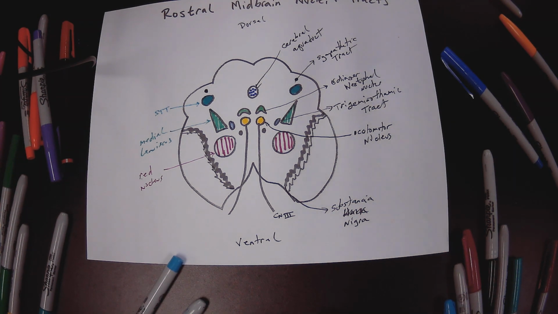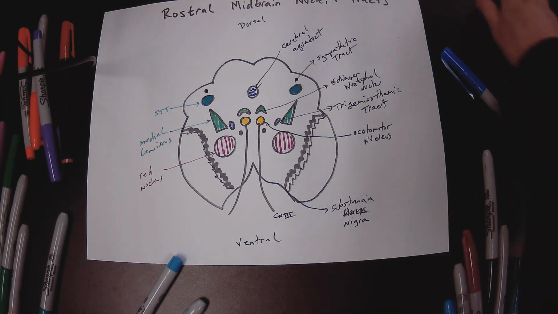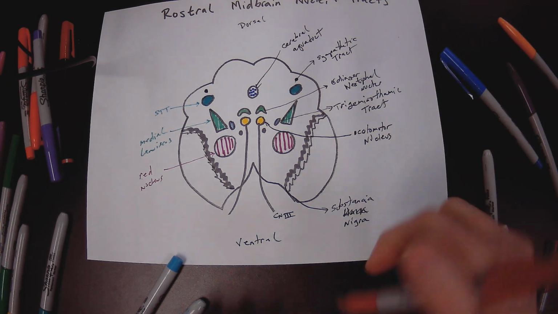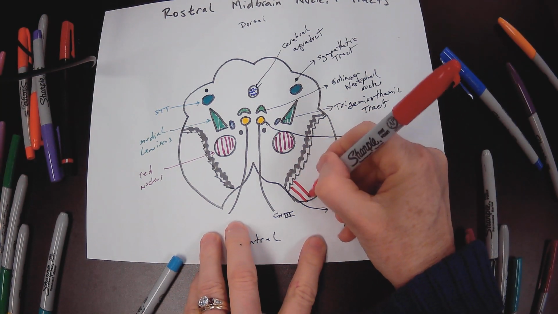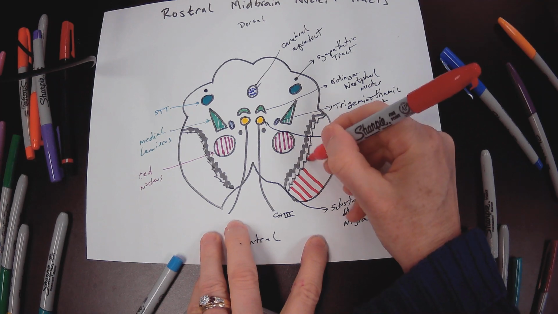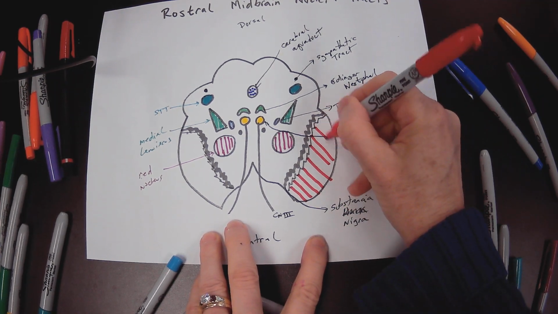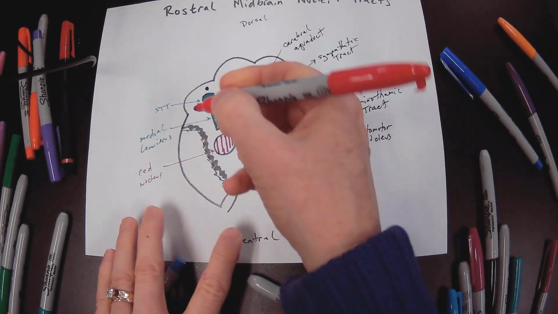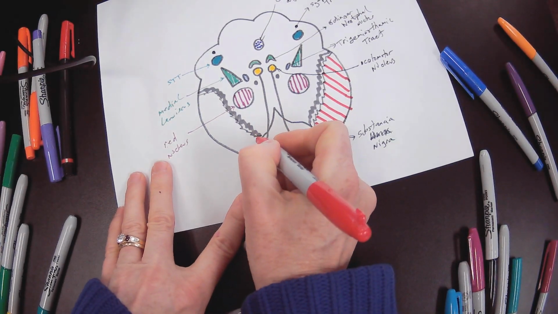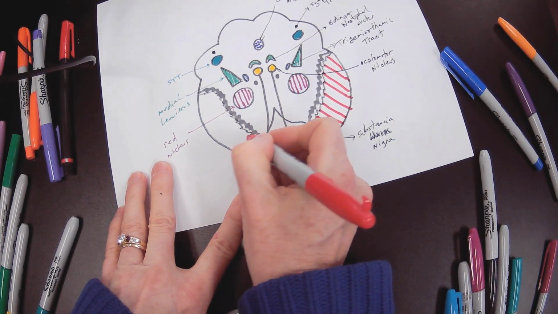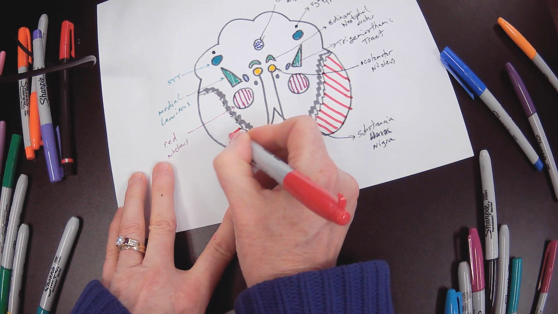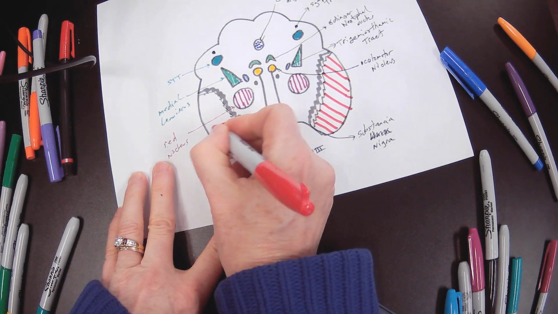Okay, and then there's one more area we haven't labeled yet, and that's this great big chunk in the front. I'm labeling it red for the motor. It's actually a combination of the two main motor tracts coming down from the cortical region.